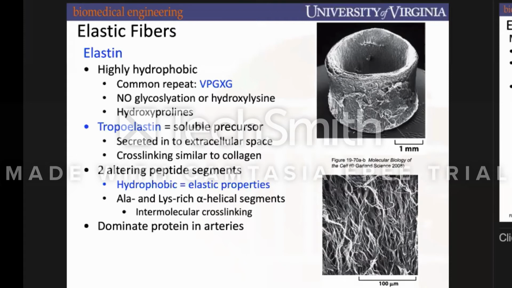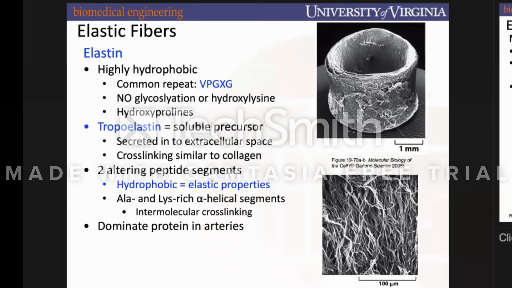If, for example, we constantly have the weight of our skin or the weight of gravity on our skin, it's important for our skin to be able to retain its structure, or if we're constantly pulling on our skin, the ability for it to go back. And that is mediated by elastic fibers.